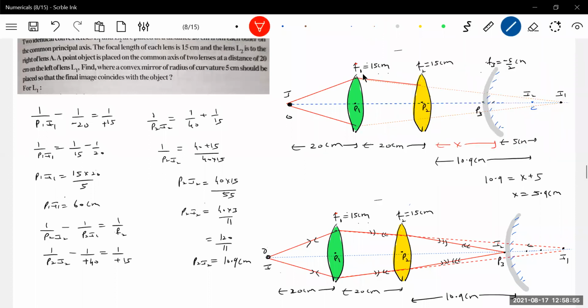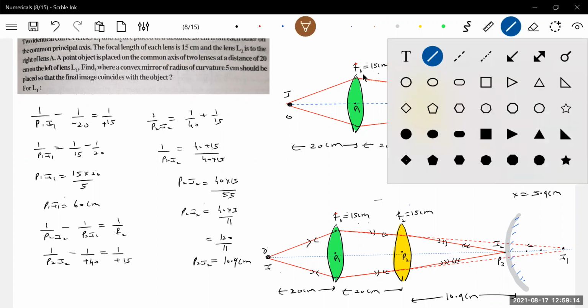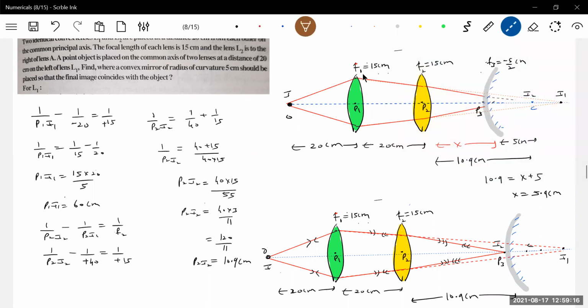Okay, this ray here. Now, so they should be, then they can retrace a path.